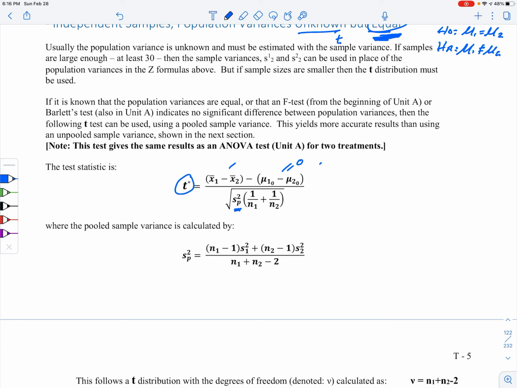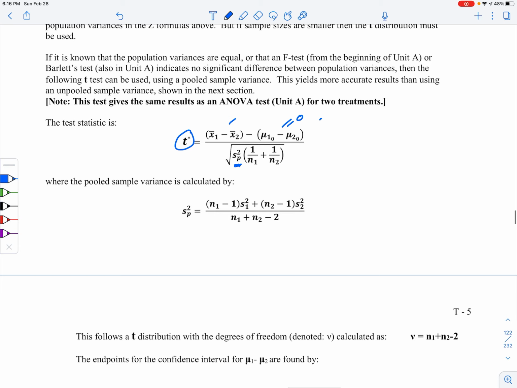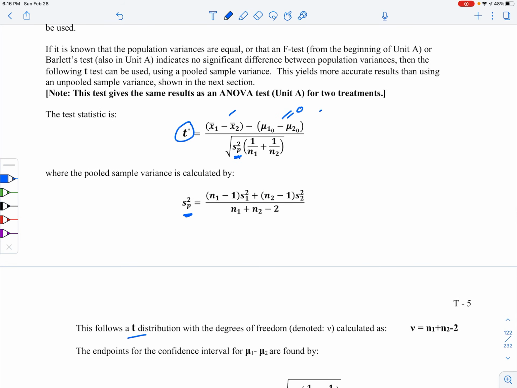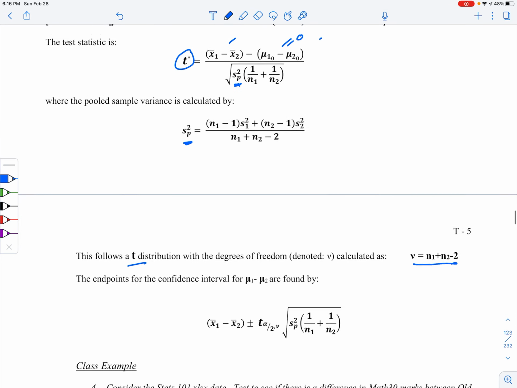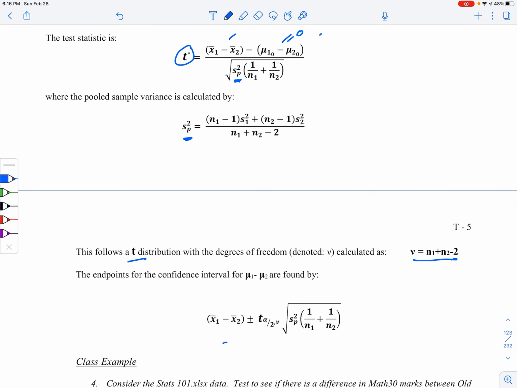And in fact, it turns out that it is when you're dealing with just two treatments here. So this is how you calculate the pooled standard deviation using that. And this follows a t-distribution with the degrees of freedom n1 plus n2 minus 2. And then here's the confidence interval that is down here.